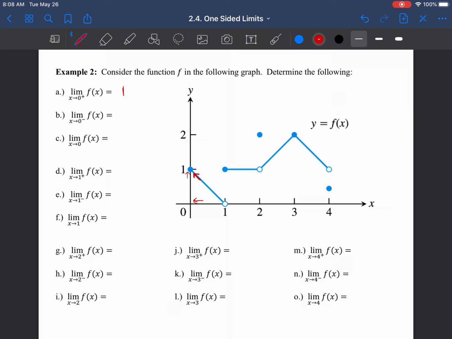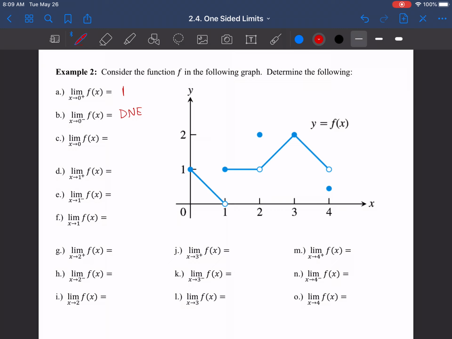All right. The next one says the limit as x goes to 0 from the negative side of f of x. Well, if you look over here, there's no x values, there's no y values, there's no values. So we can't do that one. Does not exist. We can't even walk over there. It's outside of our domain.